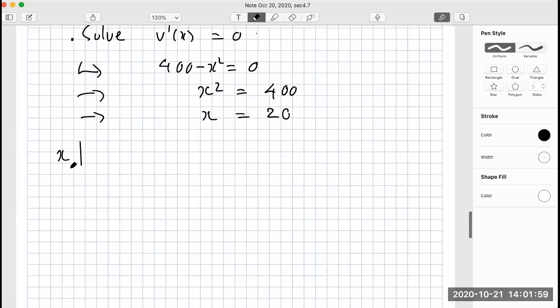So let us do the similar things. This is x. The minimum is 0, right?